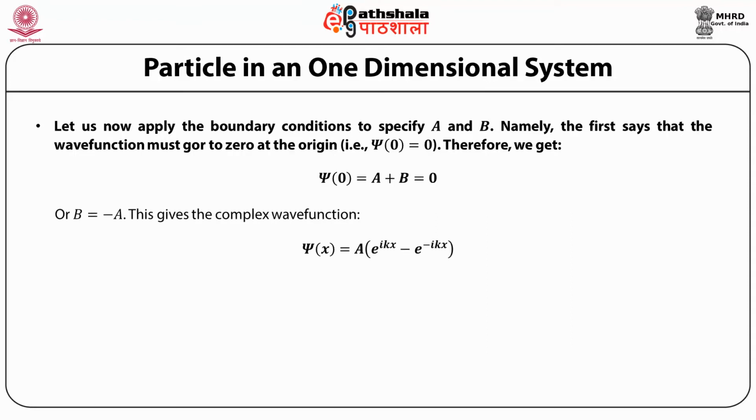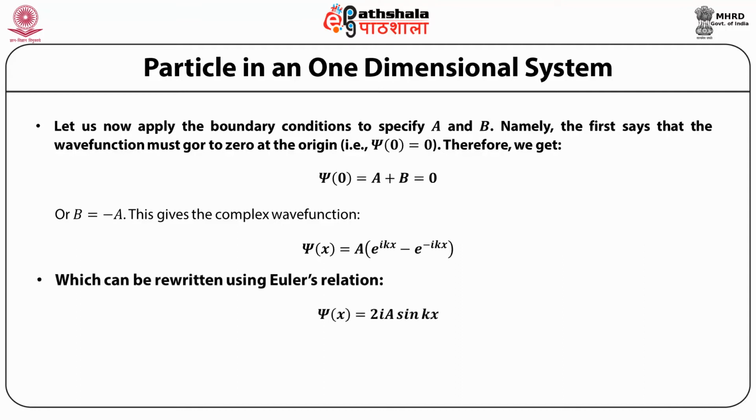So this gives the complete wave function, that is psi(x) equal to A multiplied by e to the power iota kx minus e to the power minus iota kx, which can be rewritten using Euler's relation as psi(x) equal to 2iA sine kx.